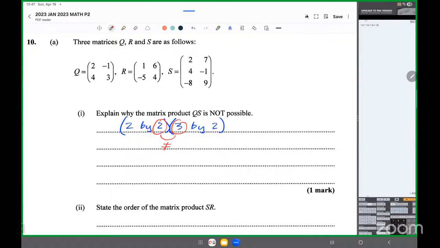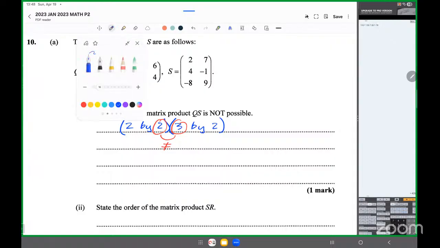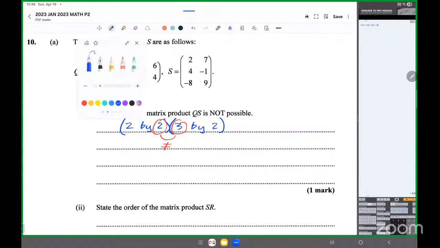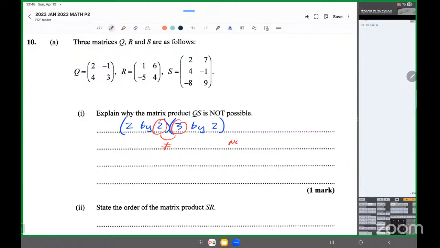That means it is not conformable. The number of columns in the first matrix is not equal to the number of rows in the second matrix, so we say it is non-conformable.